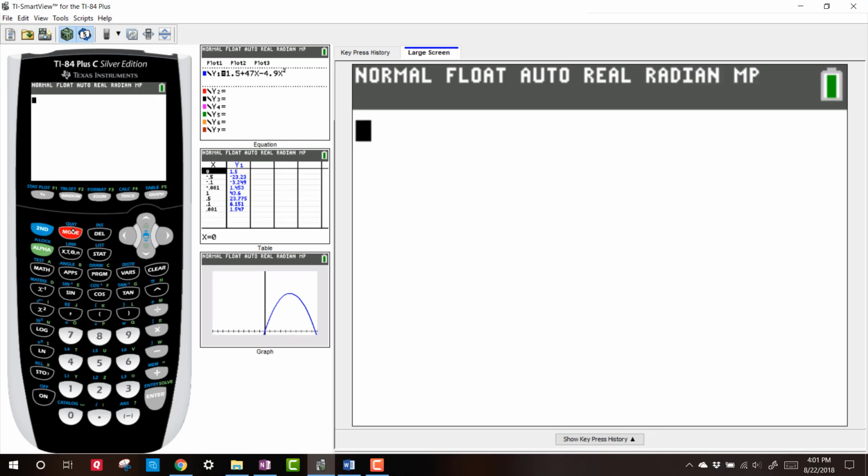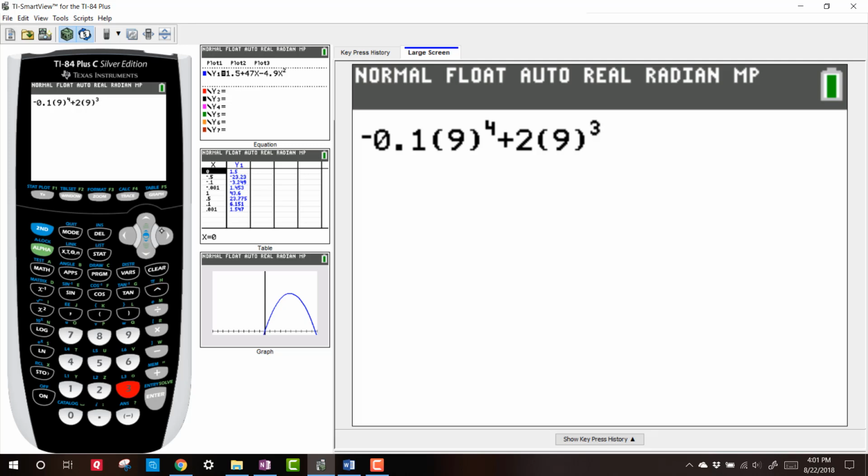Okay, so I need to pop all of that in. So my first one was negative, what do we have here? 0.1 times 9. We have an exponent of 4. And we need to get out of there. And then plus 2 times 9. And the exponent there is 3.